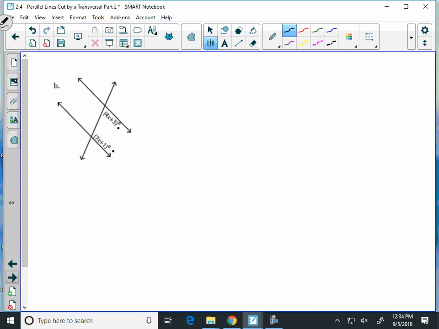What do we know about same side interior angles? They equal 180. So that's how you're going to set up this problem to solve. You just add the two angles together. Set them equal to 180. Recognize the angle relationship. Use what you know about those angles to set up your problem.